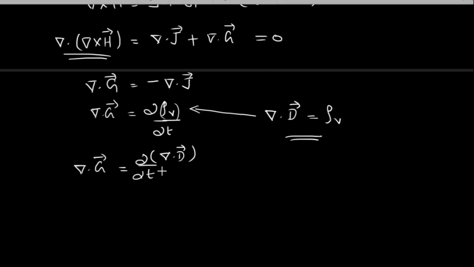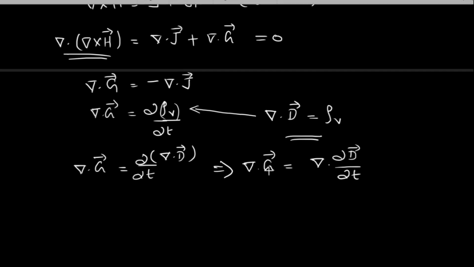Because the del operator is also a partial differential, I can easily interchange the operators, so that I can write del dot J as del dot partial D by partial t, that is, the partial differential of flux density with respect to time.